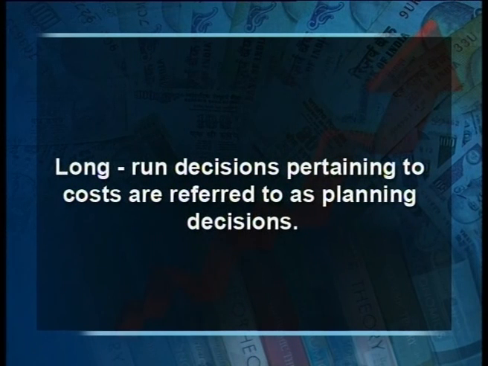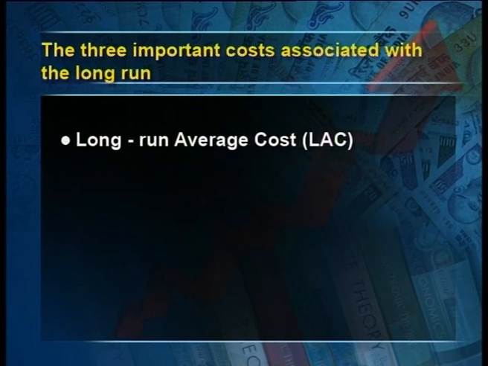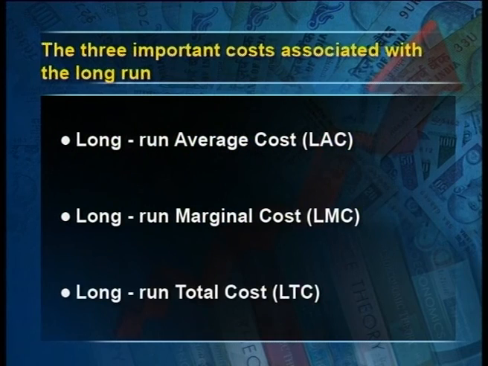More specifically, long run decisions pertaining to costs are referred to as planning decisions. Let us now understand the three important costs that are associated with the long run: long run average cost, long run marginal cost, and long run total cost.